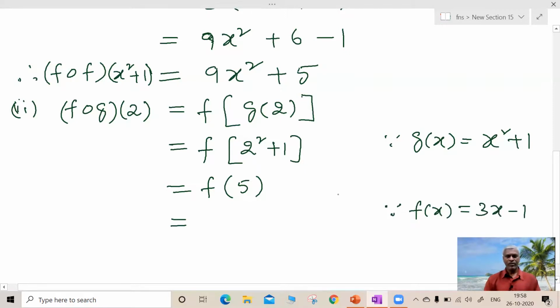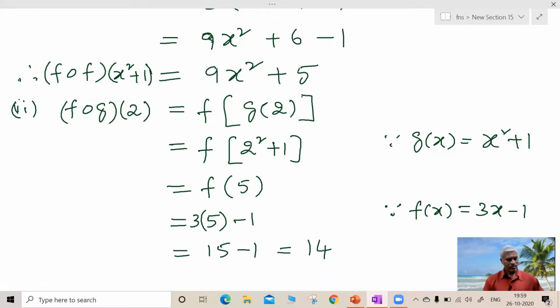So writing 5 in place of x, this is 3 into 5 minus 1, 15 minus 1, that is 14.